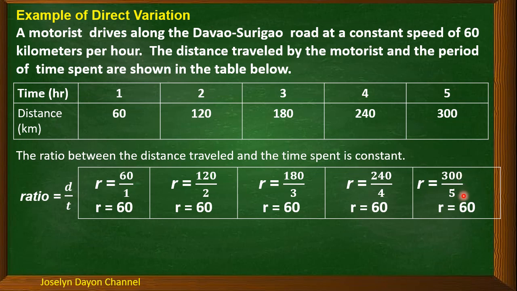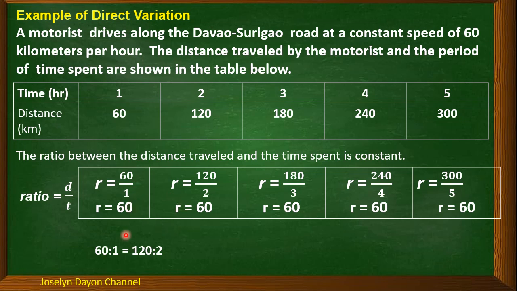So 300 divided by 5 is equal to 60. If you have observed, the ratio is constant. So if you are given a table of values, you just check the ratio. If the ratio is constant, then the table of values shows direct variation.